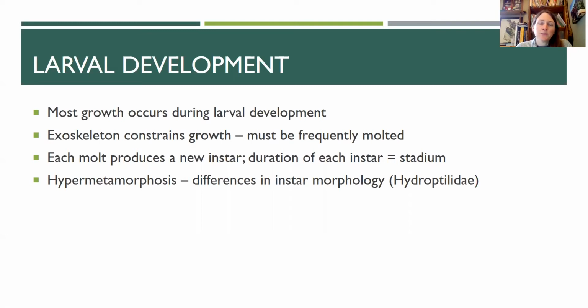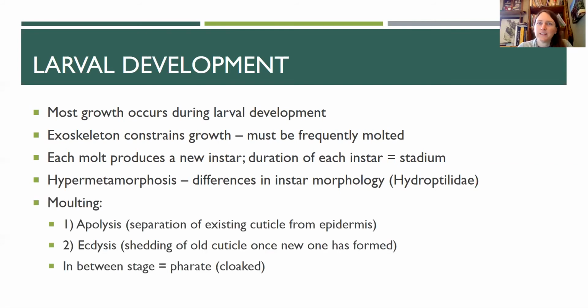Hypermetamorphosis is when an organism has different instar morphology. So some caddisflies in the microcaddis family, Hydroptilidae, actually look like little beetle larvae in their first 3 or 4 instars. And then they change dramatically, and they look a lot more like caddisfly larvae, and they produce cases in their latter instars.